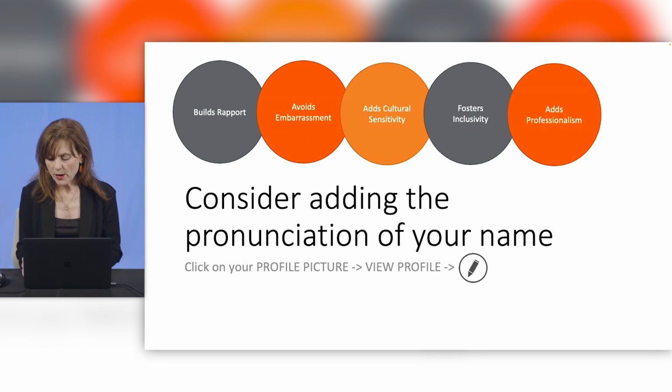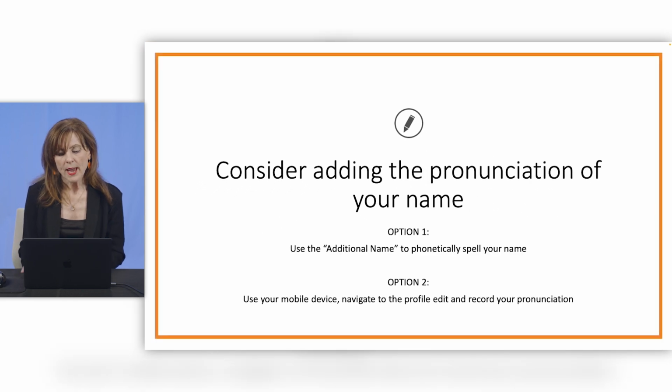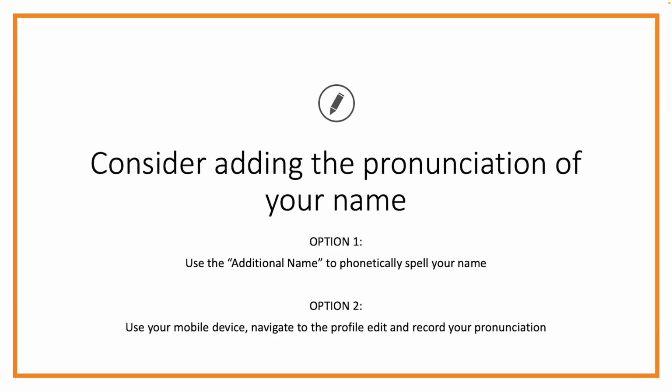If you click your profile picture, go to View Profile, there are two options. One is to use the additional name box to phonetically spell your name. The second is if you download the LinkedIn app on your mobile device, it will let you go to Profile Edit and record the pronunciation of your name.